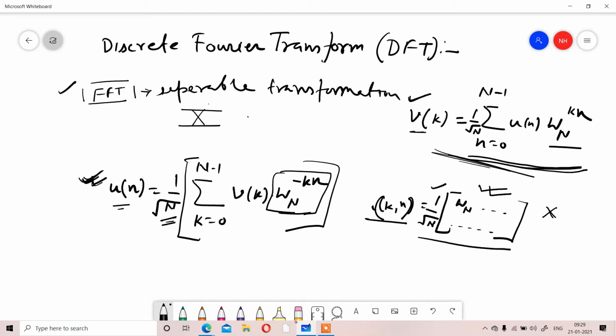So if we consider unitary transformation, we can easily use FFT and calculate the expression in a faster way.